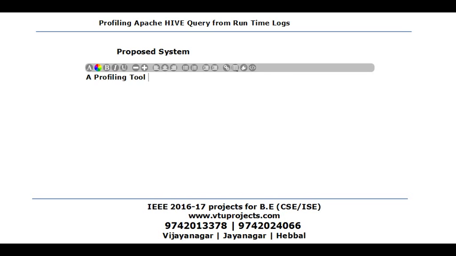Everything will be easier to get from our profiling tool compared to the traditional existing system. Rather than going into that log file and searching through 60,000 lines, people can simply use our profiling tool and get everything ready.